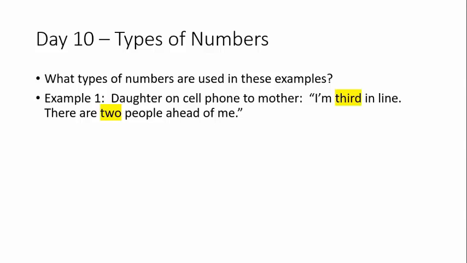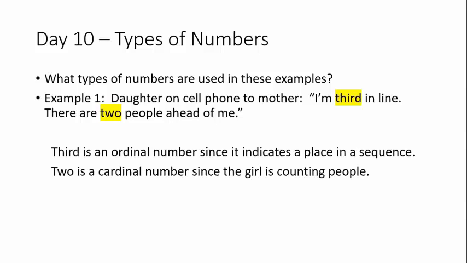So what type of number is 3rd? What type of number is 2? 3rd is an ordinal number because the girl is talking about her placement in line in a sequence. 2 is a cardinal number because she is counting.